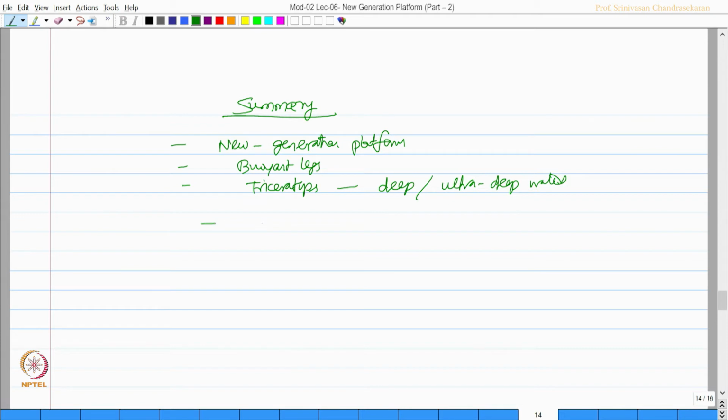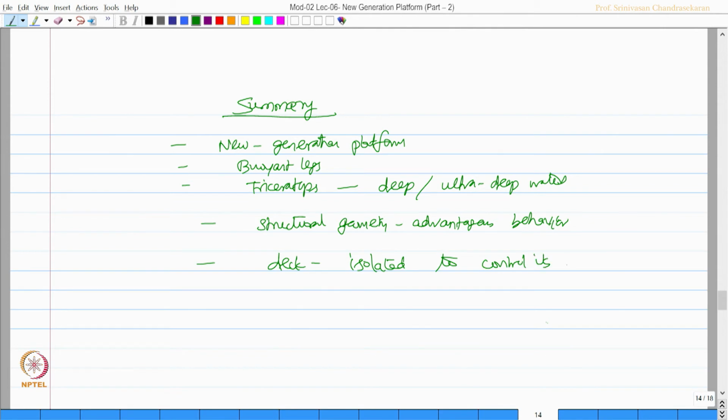The structural geometry showed advantageous behavior. Now, the deck can be isolated to control its response.